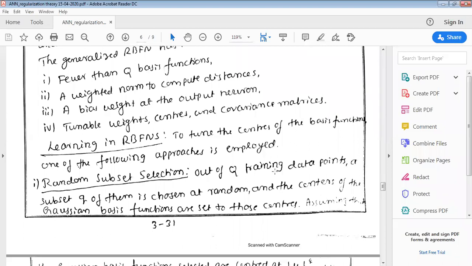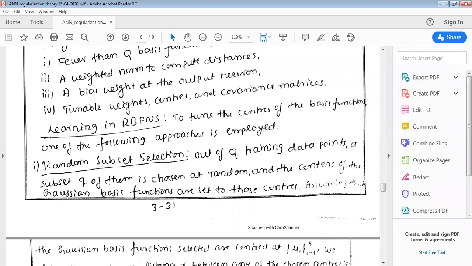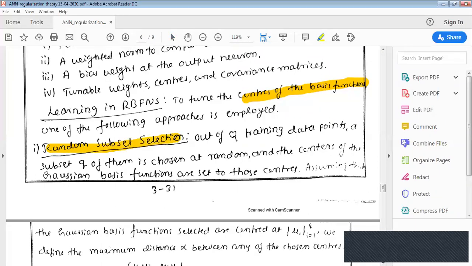Now, how learning takes place in RBFNs. Any RBFN is based on the center of the basis function. So, how do you choose the center of the basis function? In this one, let us choose random subset selection.